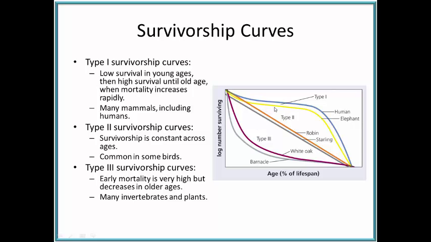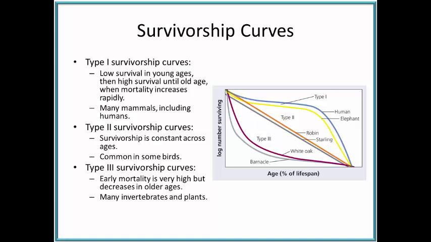Then we have relatively high survival until we reach old age, then survivorship begins to decline. This is characteristic of many mammals, including humans, and if you stop and think about it, it makes sense. There can be infant mortality. Then once you make it to adulthood, you survive, and most of us die of old age. And that's really what a type 1 survivorship is like.